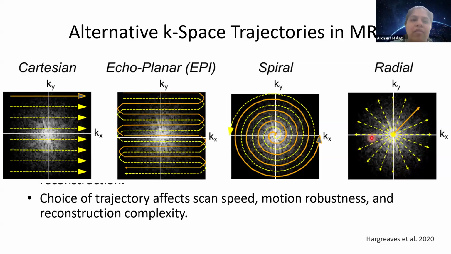You know that this line belongs to that particular imaging line, but in spiral, it's a circular region. So you need to apply a complex mathematical tool to reconstruct those spiral and radial trajectories to get that particular spatial information.